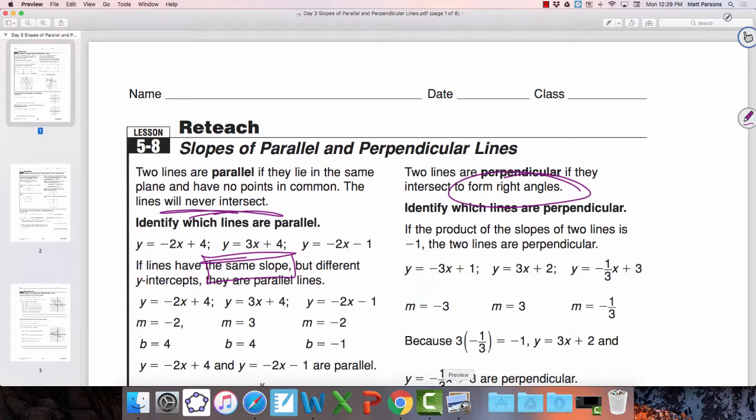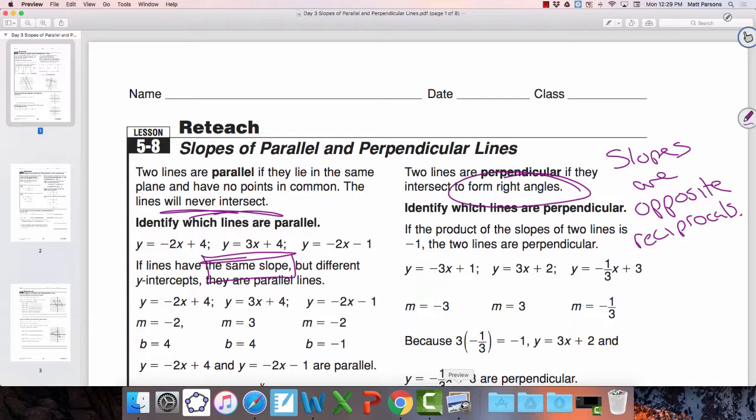How I remember it is the slopes are opposite reciprocals. Opposite means they're different signs. Reciprocal means that they're flipped.